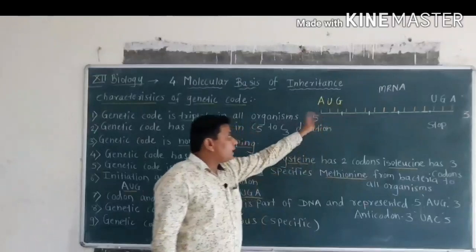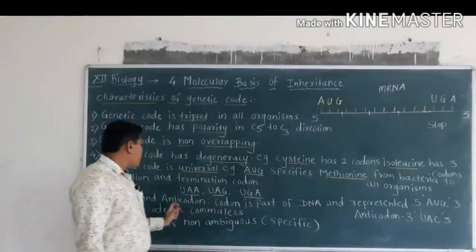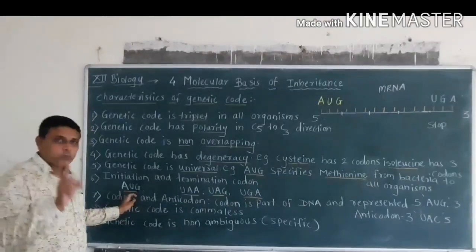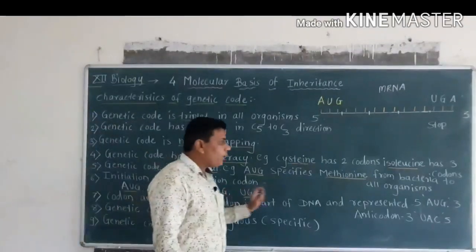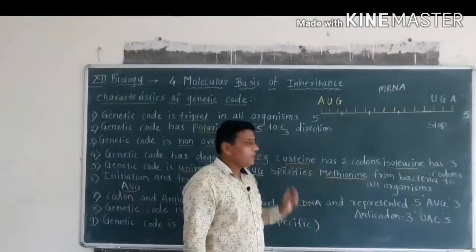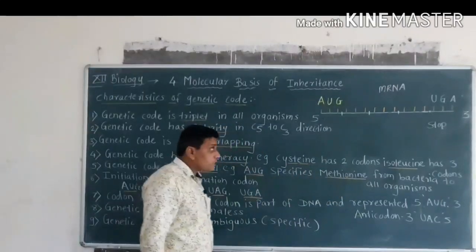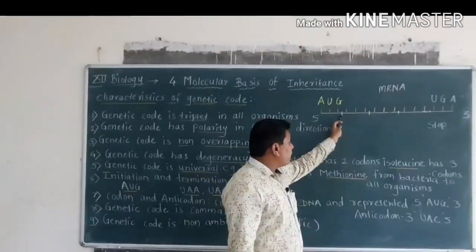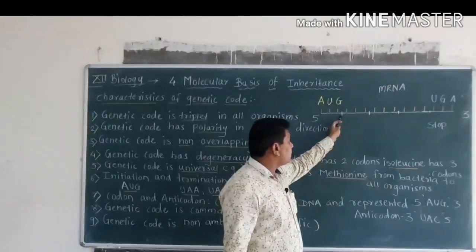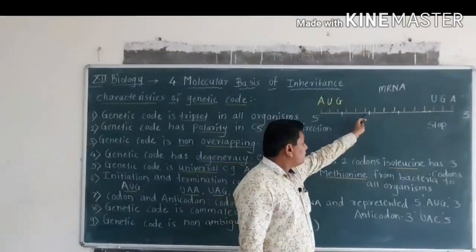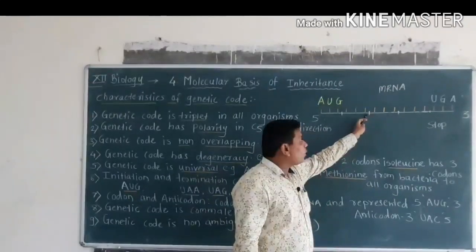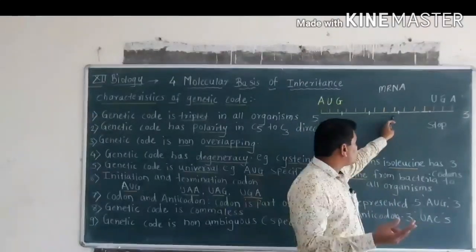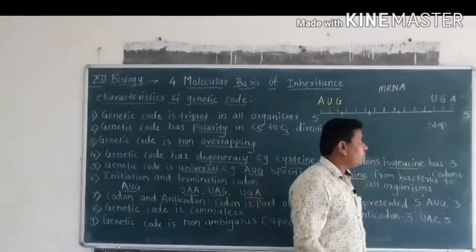Then this genetic code AUG is called as initiation codon, as it starts the process of protein synthesis by coding the amino acid, that is methionine, and the process continues. So after coding for one amino acid, then the second genetic code will code for second amino acid, then third will code for third amino acid, then fourth, then fifth, and so on.